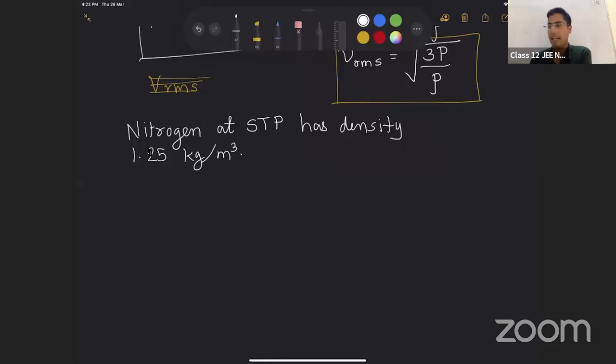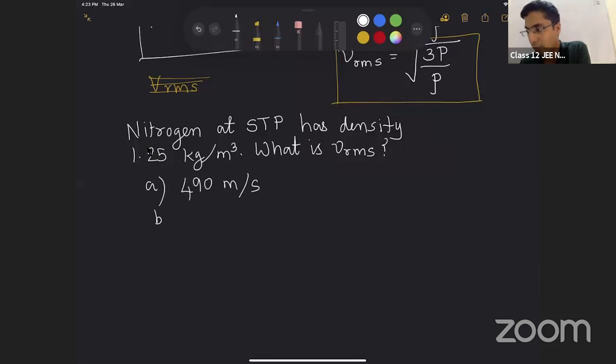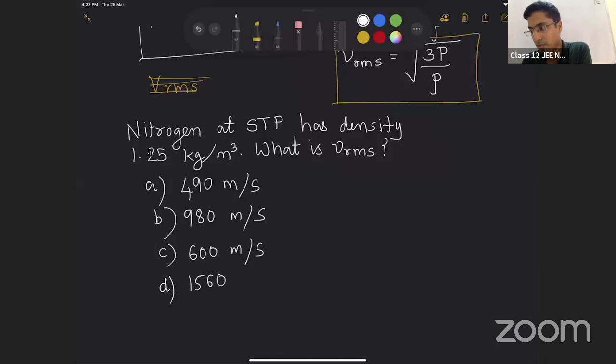Tell me what is Vrms for nitrogen. I'm giving you 4 options: A 490 meters per second, B 980 meters per second, C 600 meters per second, and D 1560 meters per second. I'm going to give you a quick poll to answer this.